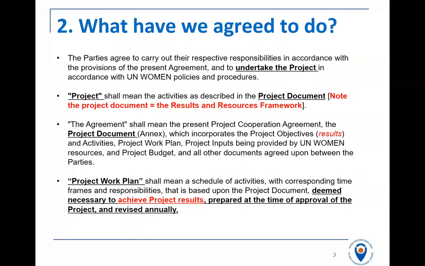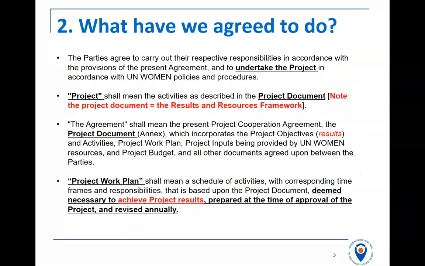But attached to that proposal is the results and resources framework, and that comes as a package. So when the agreement talks about the project document and project objectives, we are talking about what you put in your results and resources framework. So we expect you to make some progress towards those results as stated in your results and resources framework.